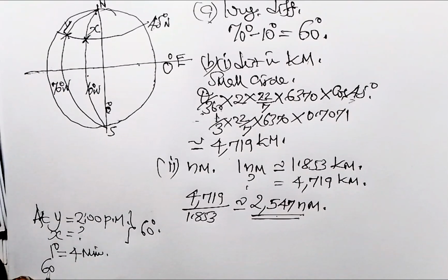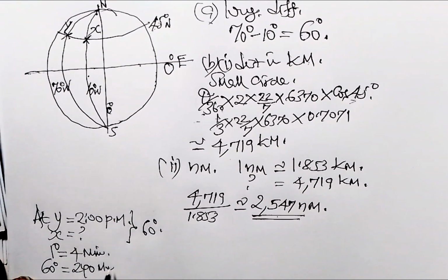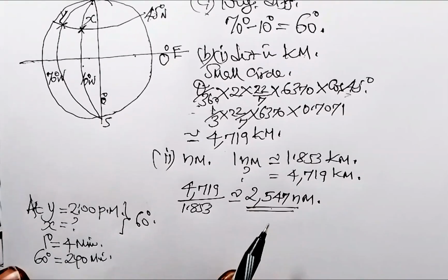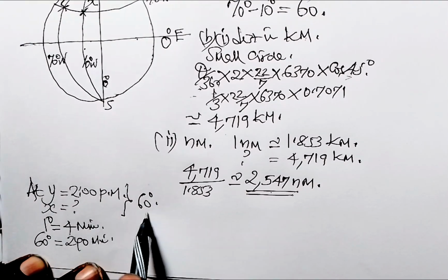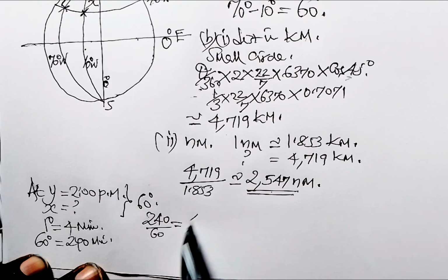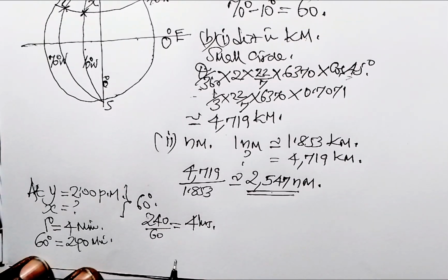So in 60 degrees, we are going to have a difference of 240 minutes. I've just cross multiplied. Convert this into hours: you take 240 divided by 60. This gives you a difference of 4 hours.